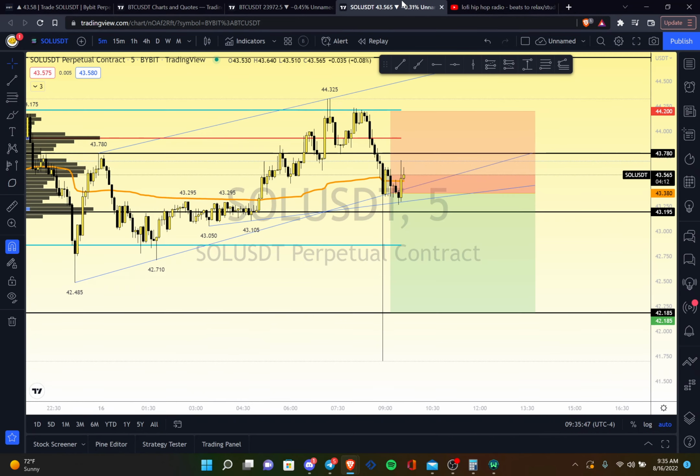I think under 23 just breaks market structure, retests it, and then we nuke pretty hard. Yeah, that is right. And I think everyone thinks that, and that's why I think we just blow through and liquidate a bunch of shorts.